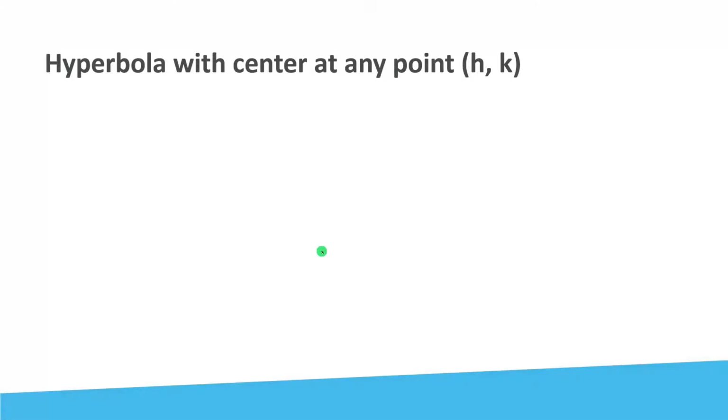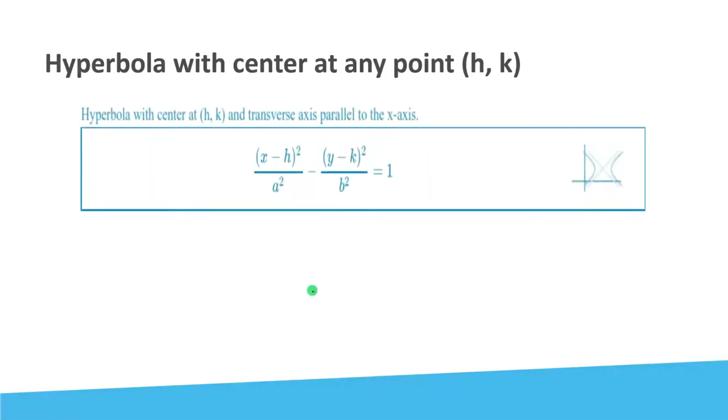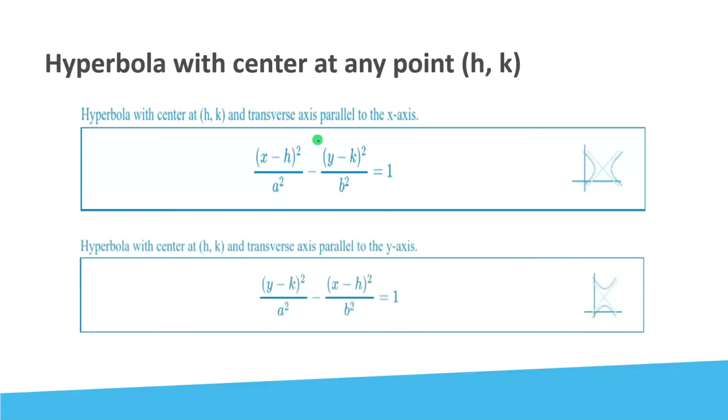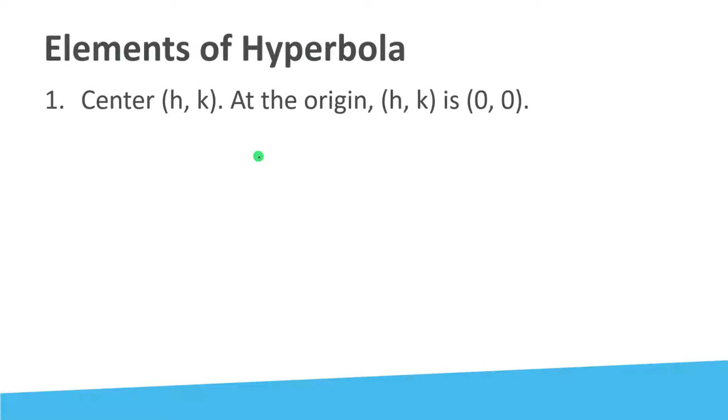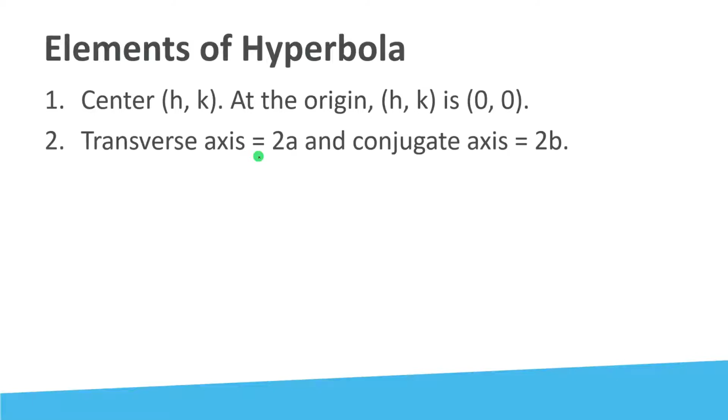Now, for a hyperbola with center at any point h and k, just introduce minus h and minus k, then take their squares. Same here. Elements of hyperbola: if the center is at the origin, h and k is 0, 0. The transverse axis is 2a and the conjugate axis is 2b.